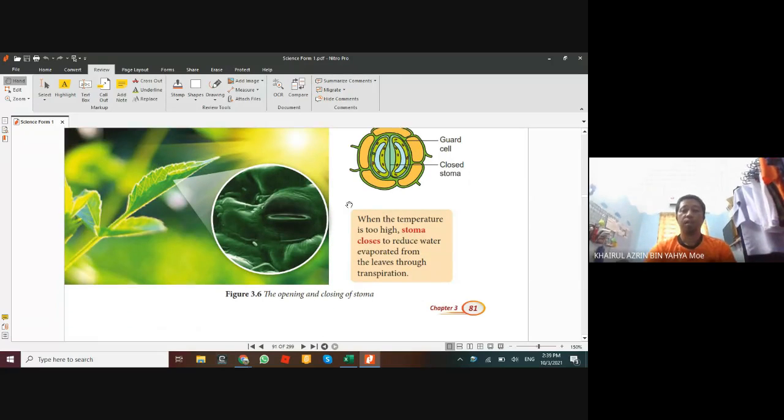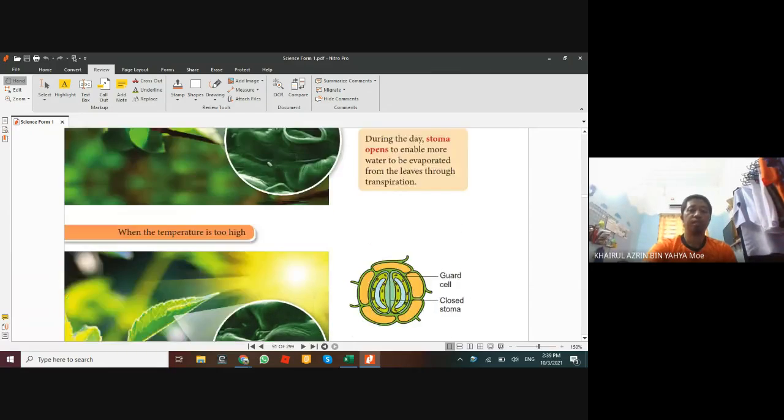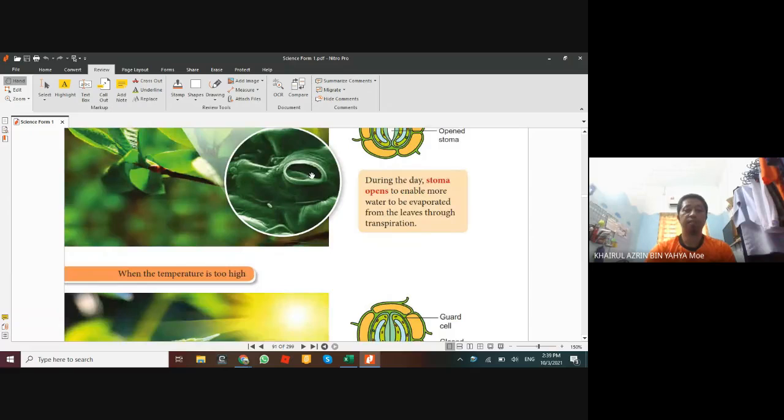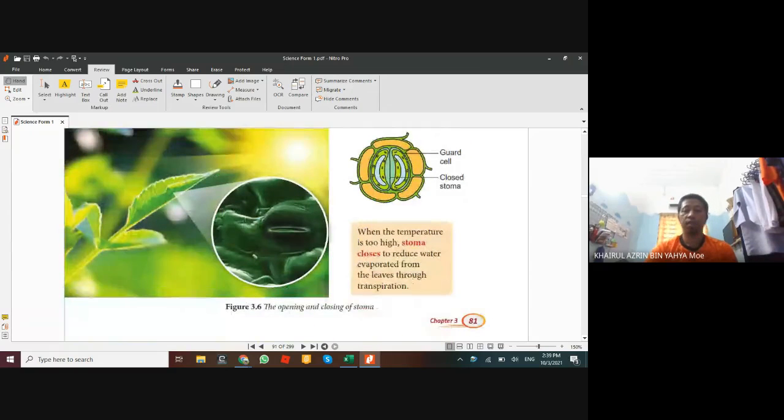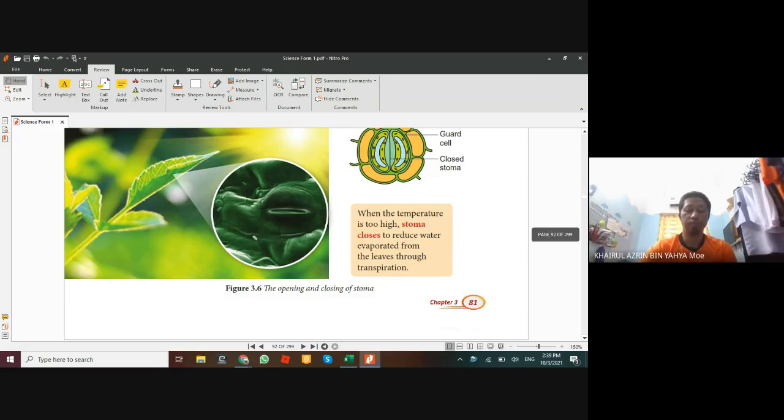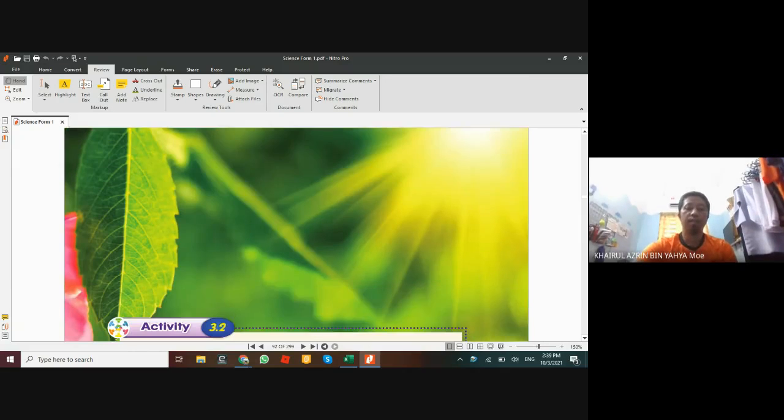If we see the stoma, the whole of the stoma here is closed, not like this one. So during the hot day, when the temperature is too high, stoma closes to reduce water evaporated from the leaves through transpiration. See, this one closed stoma, ditutup lubang. Next.